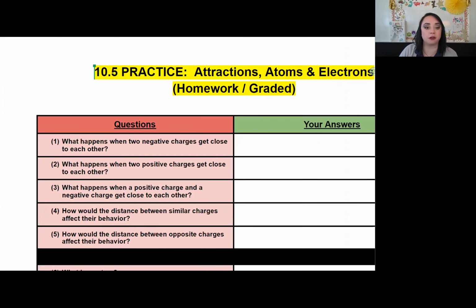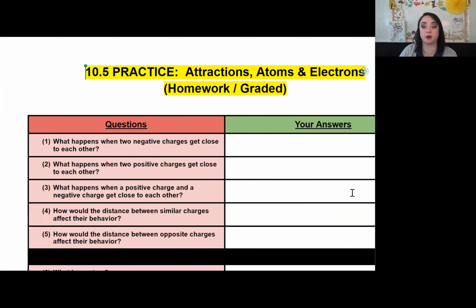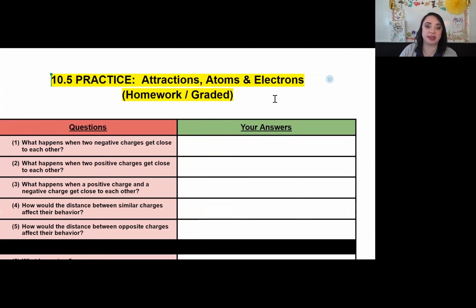If you have already started this, you would want to go into your Google Drive and search for the title and open it up. If you have not yet started this, then you can click on the assignment link and open it up new. So give a couple minutes for that. Again, we are looking at the 10.5 practice. If you already opened it and started it last week, then go to your Google Drive and search for the title and open it that way.